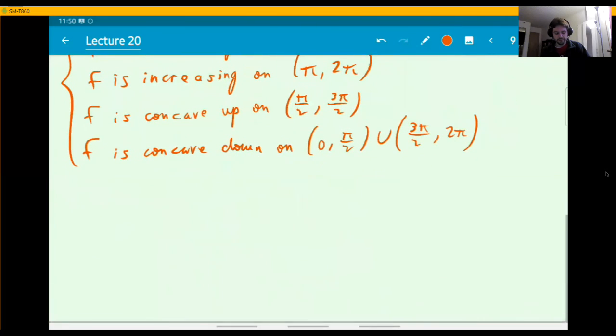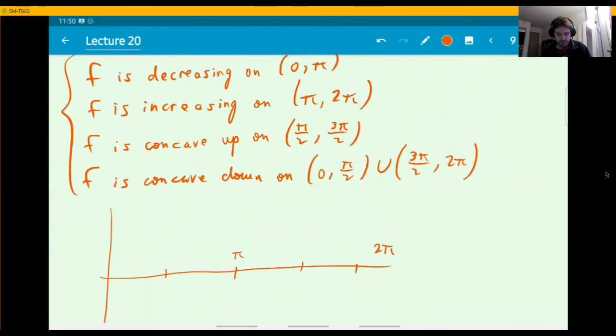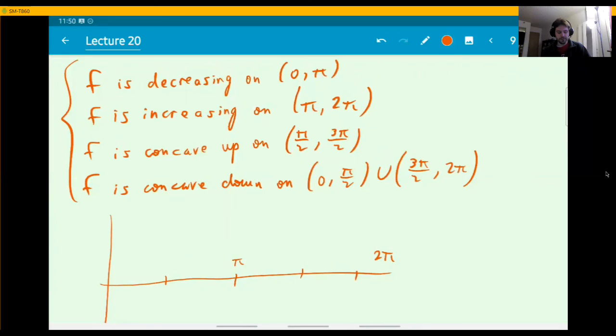And we can draw the function based on these. They did not ask us to do that, but might as well. Remember, the function was the cosine function. But we can see that this is exactly what we know the cosine function does. So look in the first interval right here. Well, first of all, the function should be decreasing in the first half and then increasing in the second.